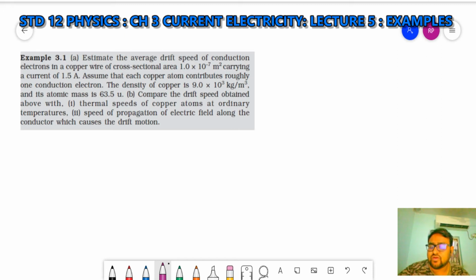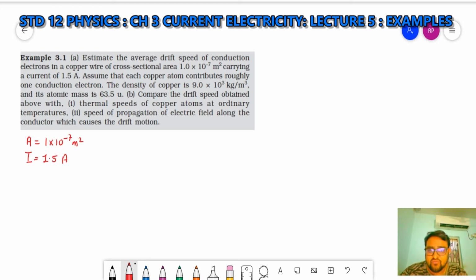Here you have to find out the drift speed. Let's write down first the given things. The cross-sectional area A is equal to 1 into 10 raised to minus 7 meters square. Current I is equal to 1.5 ampere. Now assume that each copper atom contributes roughly one conduction electron, means for one copper atom, one electron.